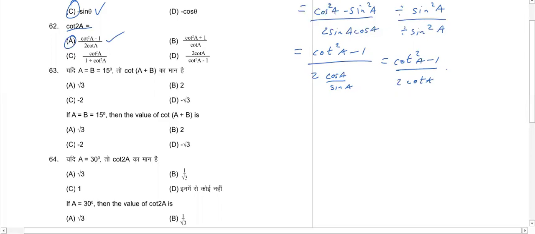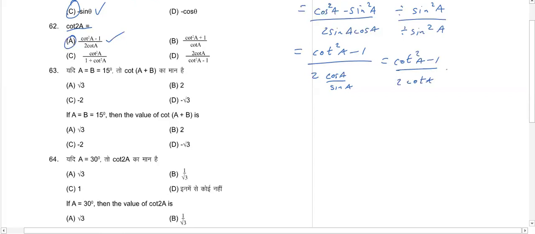We have a formula from the previous question, which is 62, which is cot squared. There's your A here, guys. Right, so cot squared 30 degrees minus 1 over 2 cot 30 degrees.